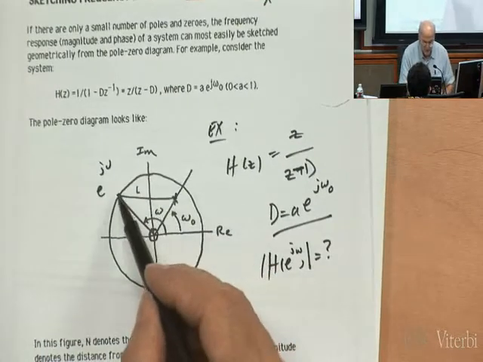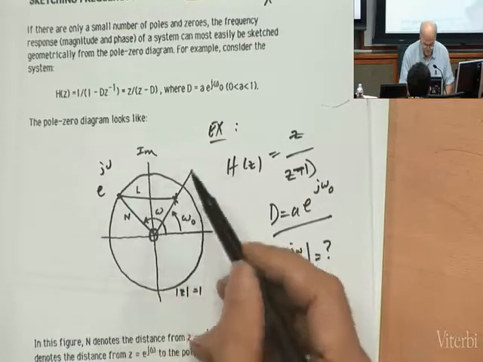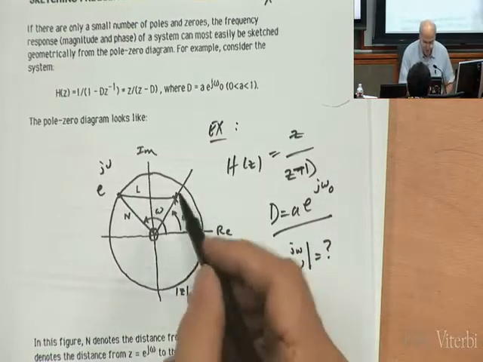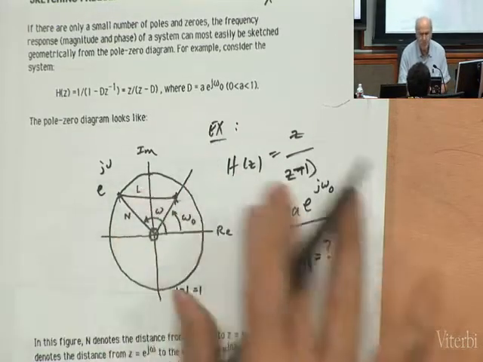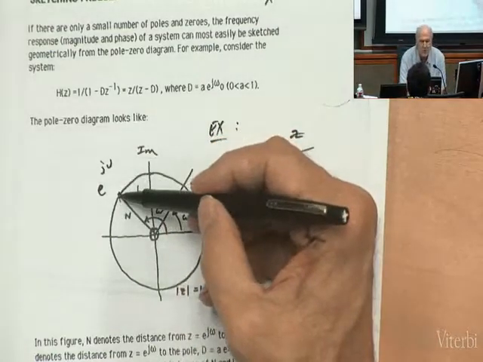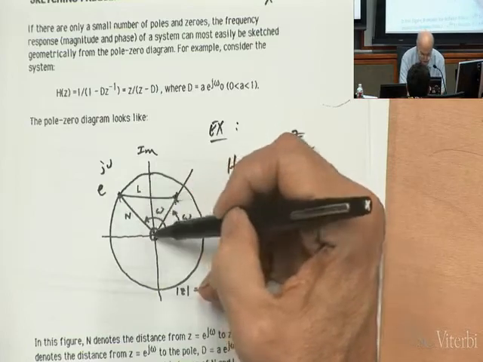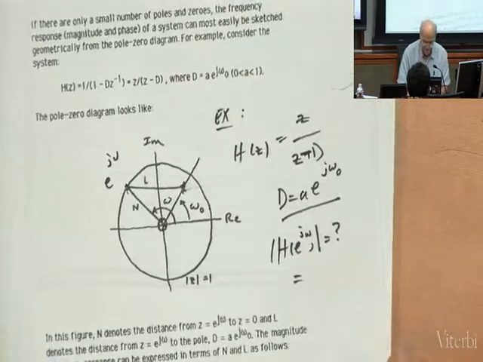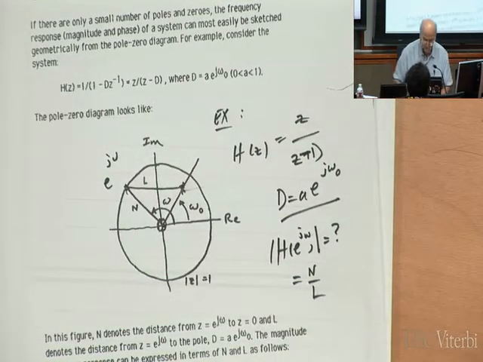It turns out to be equal to the length of this chord, from your point on the unit circle to the pole, which is in the denominator. That's what I'm calling L. Similarly, the distance from e to the j omega to your zero at z equals 0 is this chord N. So the magnitude of H of e to the j omega can be thought of as N over L.